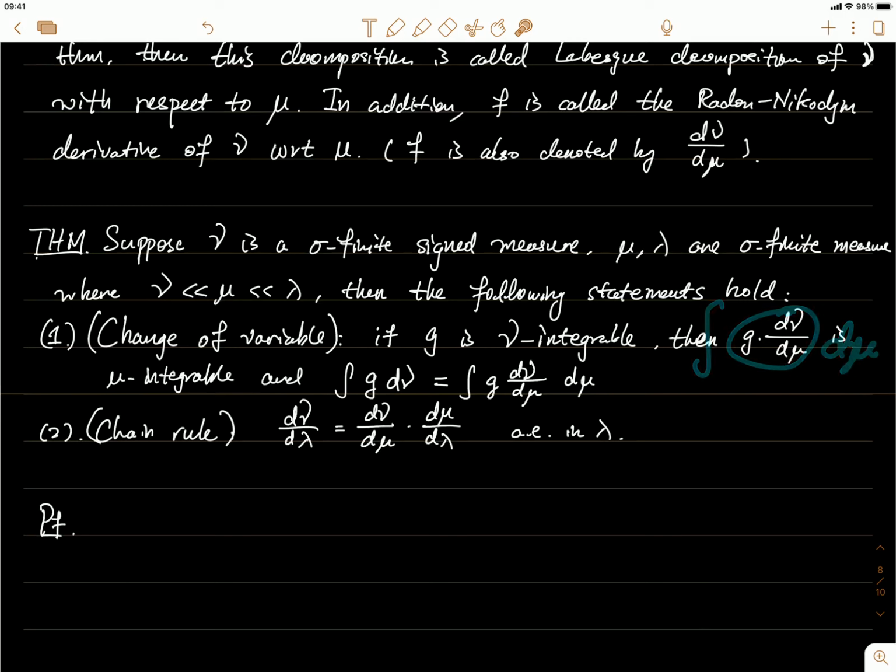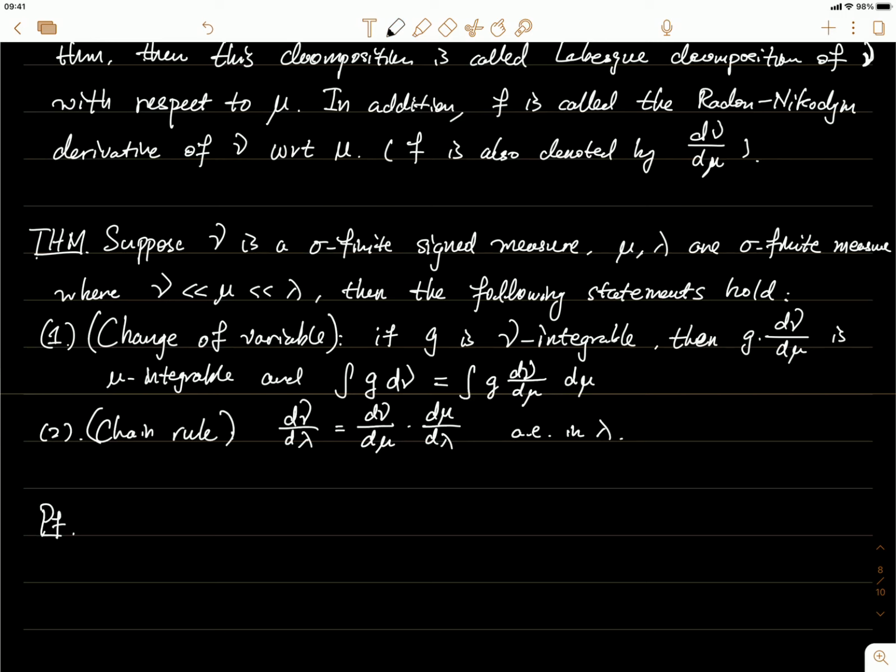We show that this is just the same as taking the integral of g with respect to nu. That's the change of variable. Originally you were using nu as the measure, now you can use mu as the measure, but the difference is that you introduce this Radon-Nikodym derivative here.